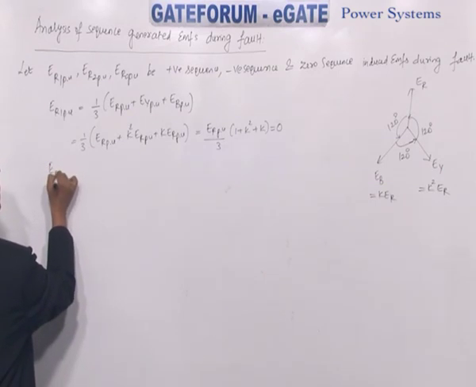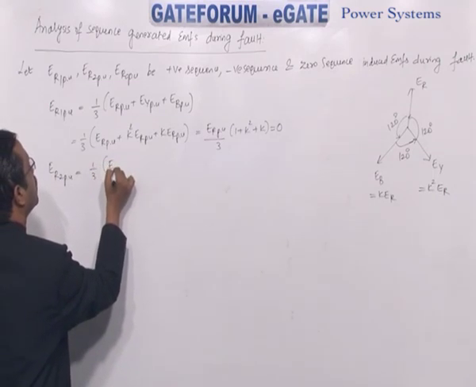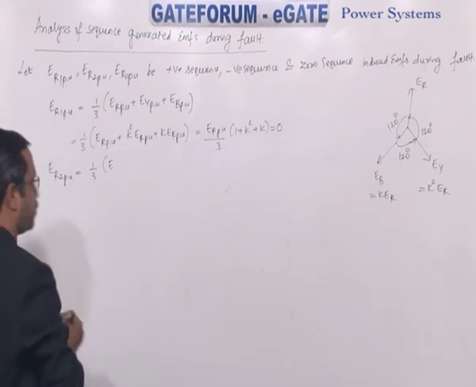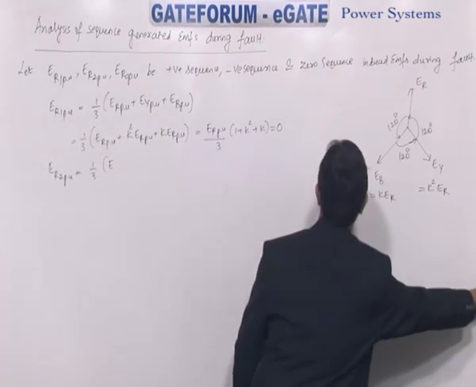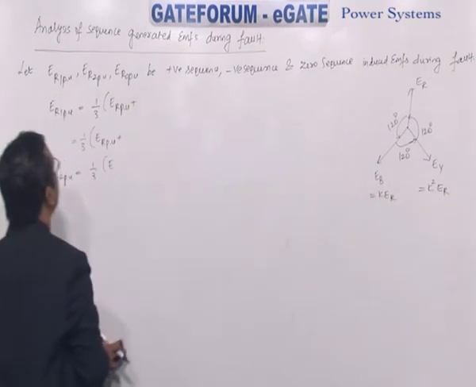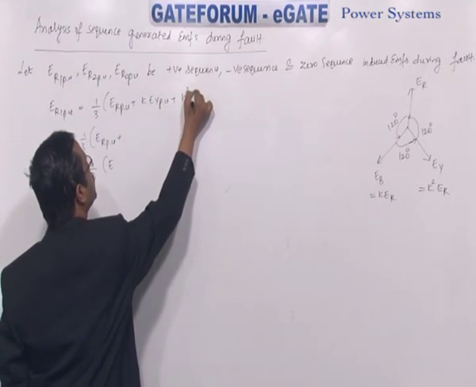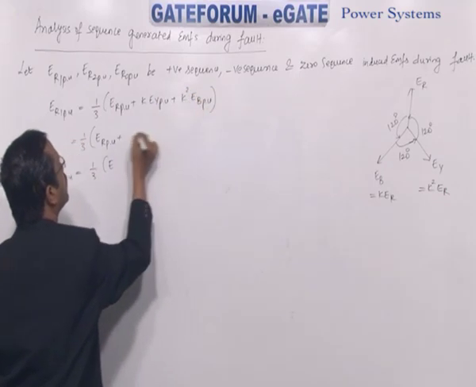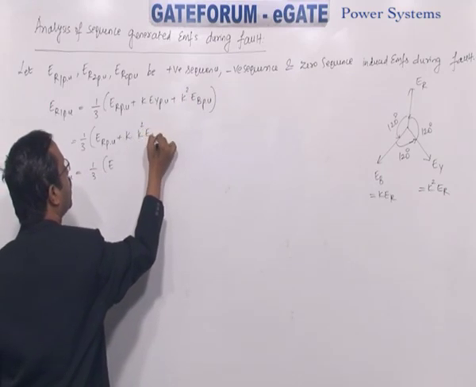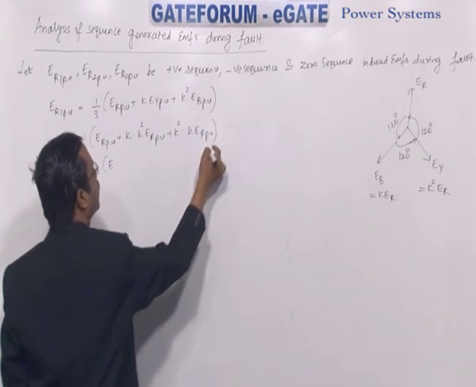Now we have to find out ER2 per unit. So 1 by 3, please let me correct this formula here: ER plus K times EY plus K squared times EB. Now EY is K squared ER, and EB is K times ER.